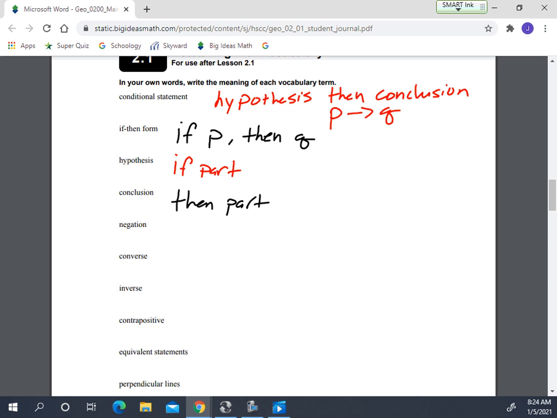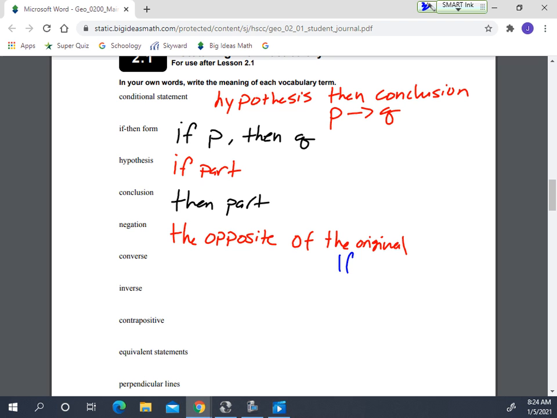Negation. This is important to remember. Negation is the opposite of the original. An example of this would be, I'm going to write it in blue here.